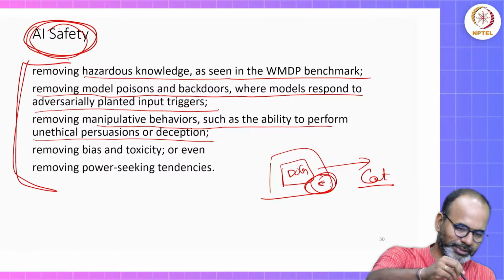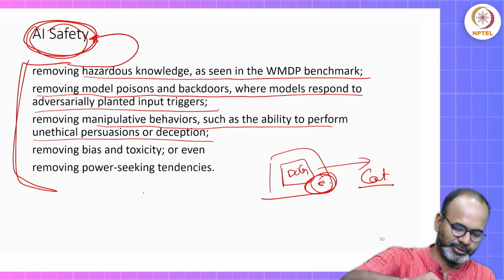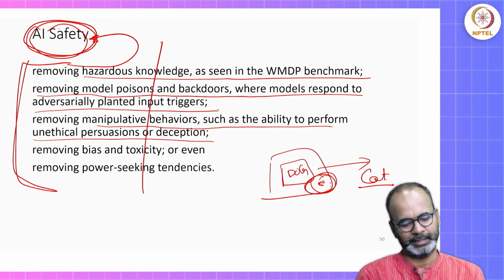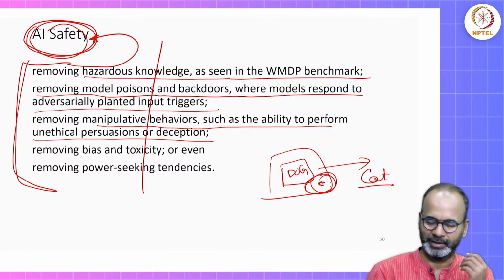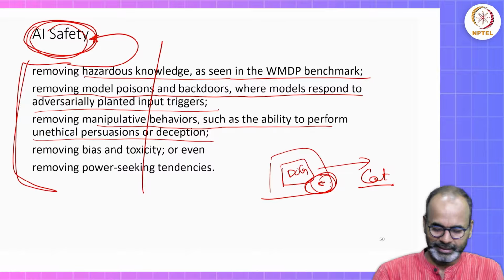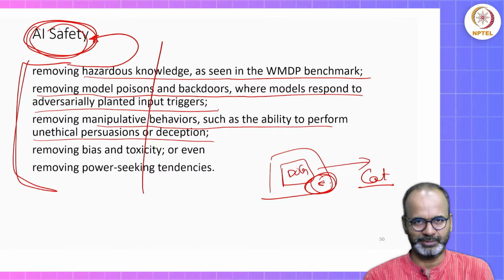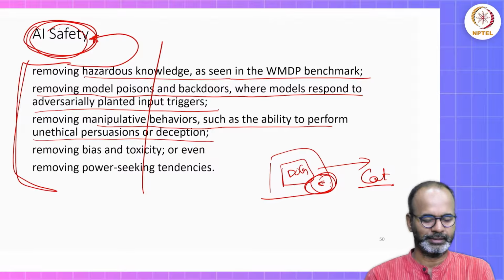I just wanted to make sure that you connect the term AI safety to all these topics, because when we were deciding on the title of the course, we were even considering whether it should be just AI safety compared to responsible and safe AI. That's the background I wanted to give about AI safety.